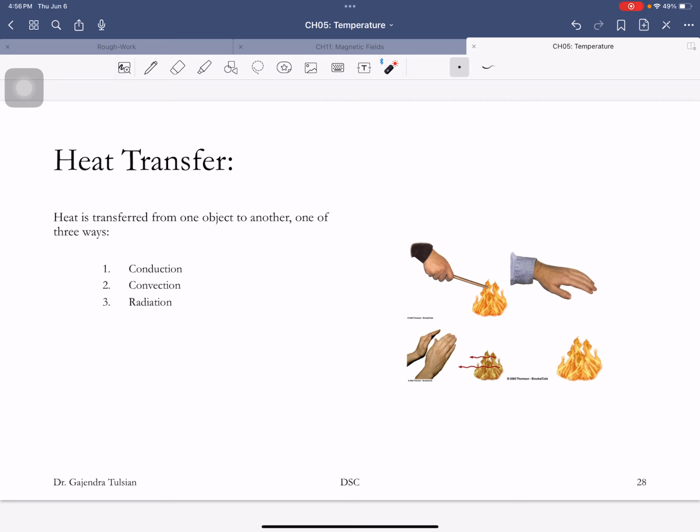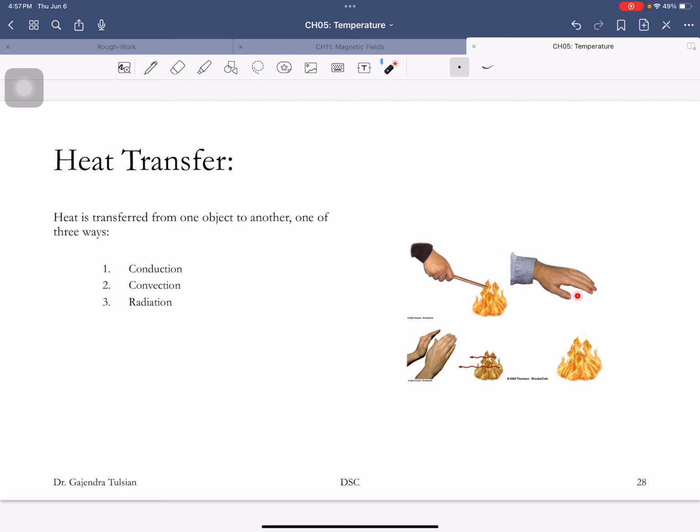So now we'll look at heat transfer. Here's a fire, and this solid material can get heat to you. That heat is coming to you with conduction. You can hold your hands there, and what you're getting is heat via radiation. What's happening here is the fire warms up air around it, which expands, gets lighter, and rises up.